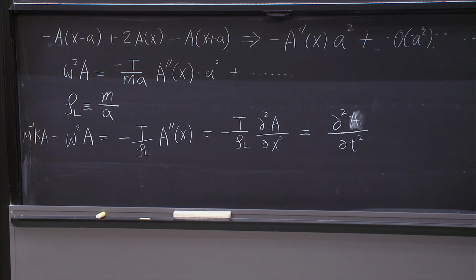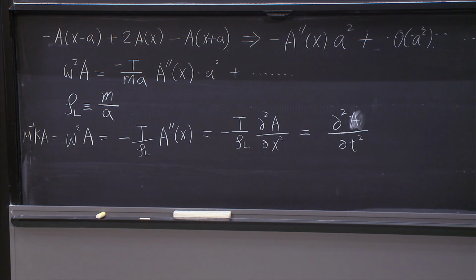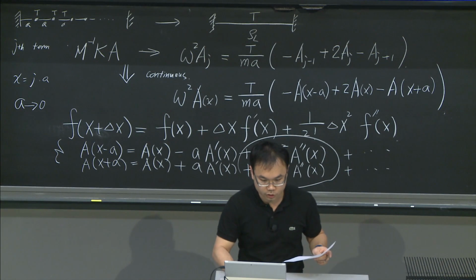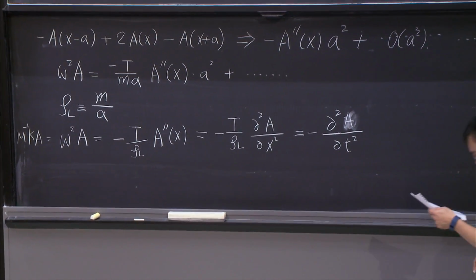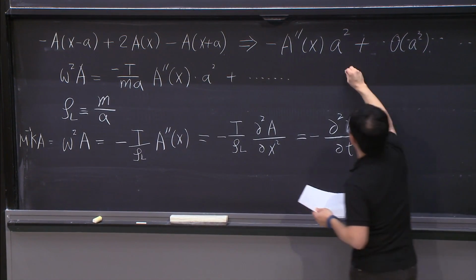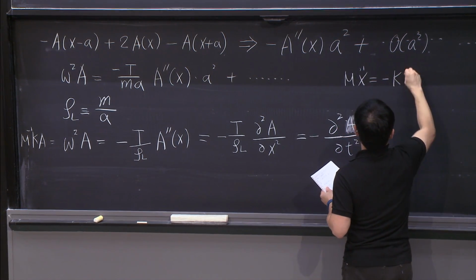Because this n minus 1 k matrix originally comes from going back to the original equation. We are actually solving the m x double dot equal to minus kx problem, so there should be a minus sign there as well. So m x double dot equals minus kx.